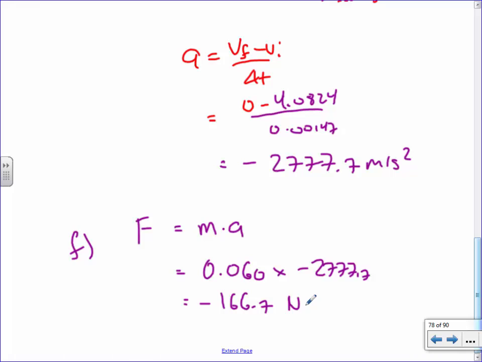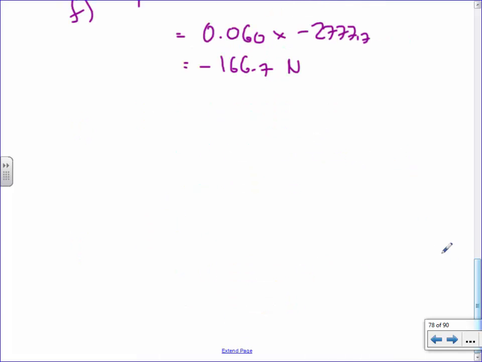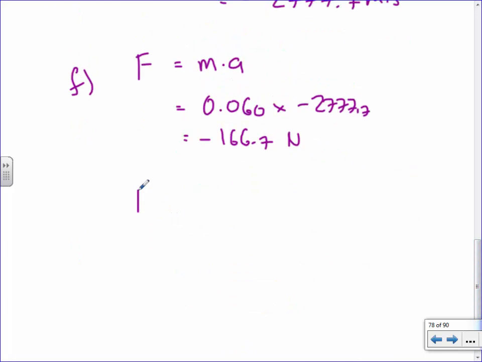Okay, other option. This is the formula that you guys were using yesterday on one of your quizzes. I think it goes m, bracket v final minus v initial bracket, over delta t. You have all that information. So you know how we got to the 166.7? This should give you the same thing twice. So 0.060, bracket, what was that velocity final? Velocity final is 0.